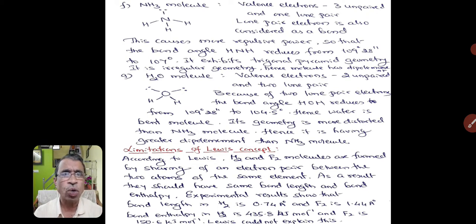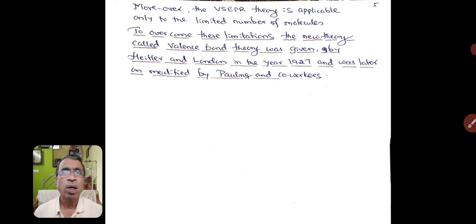Experimental results show that the bond length in hydrogen is 0.74 angstrom and in fluorine is 1.44 angstrom, and the bond enthalpy in hydrogen is 435.8 kilojoules per mole and in fluorine it is 150.6 kilojoules per mole. Lewis could not explain this.